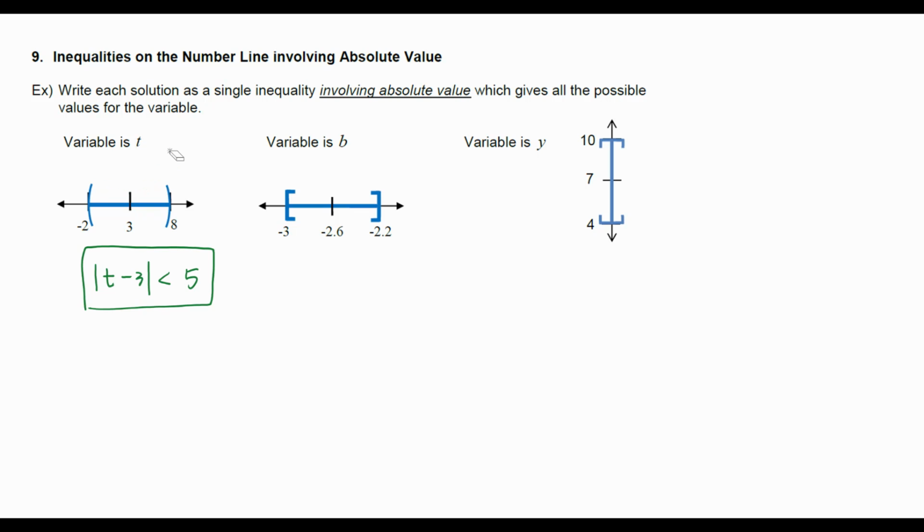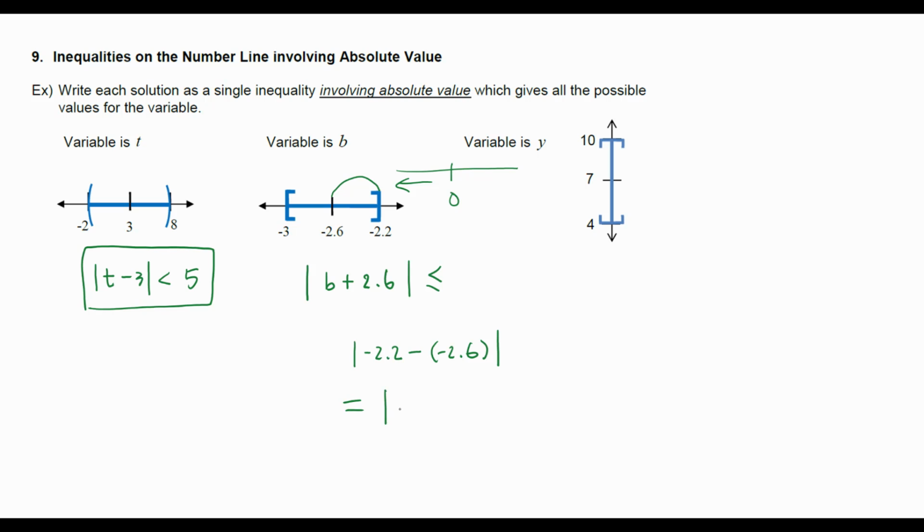Next problem, they want you to use variable b. So from the number line, typically the center is 0. Now it went to the left. Because it went to the left, you actually want to use the absolute value of b plus 2.6 because the center moved from 0 to negative 2.6. And you can calculate the distance from the center to one of the endpoints by subtracting negative 2.6 from negative 2.2.